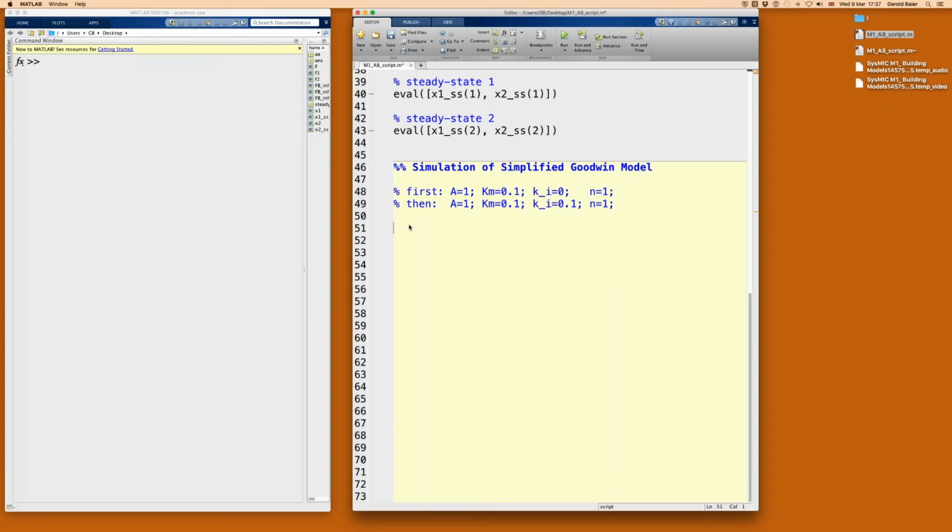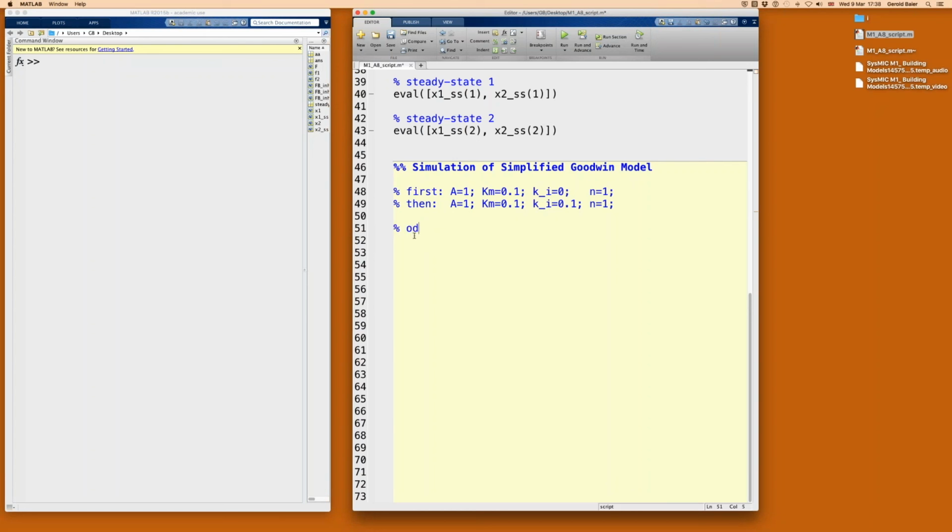So let's do that. In lots of cases it would be best to make a new file for a function for the ODE model. But because our system is actually quite small and quite simple, we can just do this using anonymous functions again.